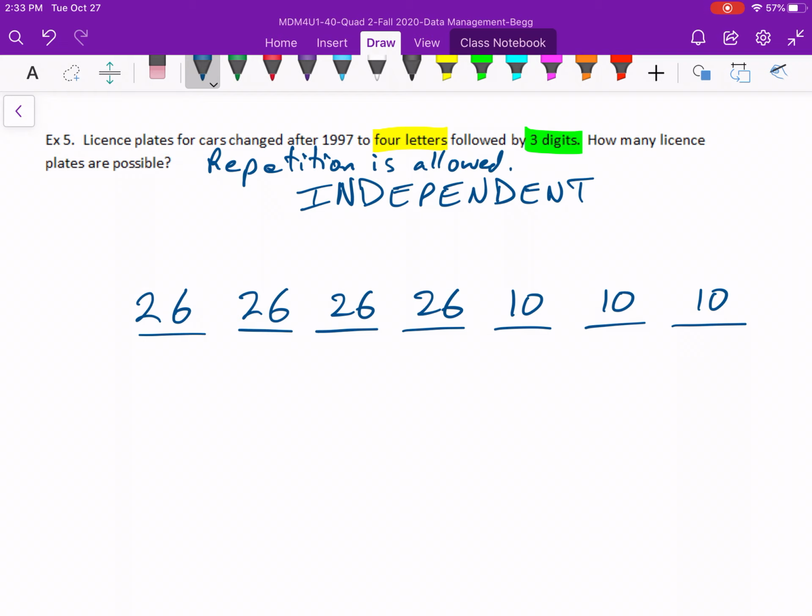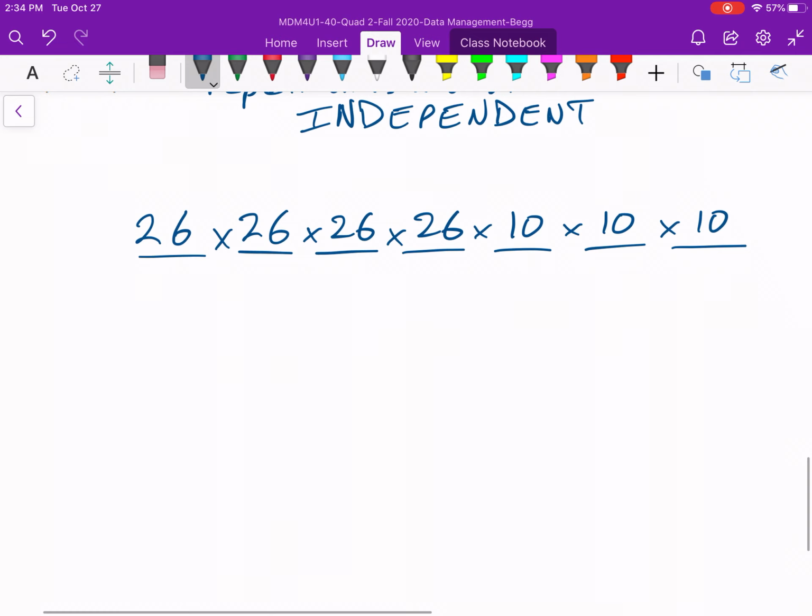Now, of course, by some random combination of letters, we might sometimes spell some inappropriate 4-letter words, which I think the government would probably not allow. But assuming that anything goes, we would have 26 times 26 times 26 times 10 times 10 times 10, which could then be simplified.